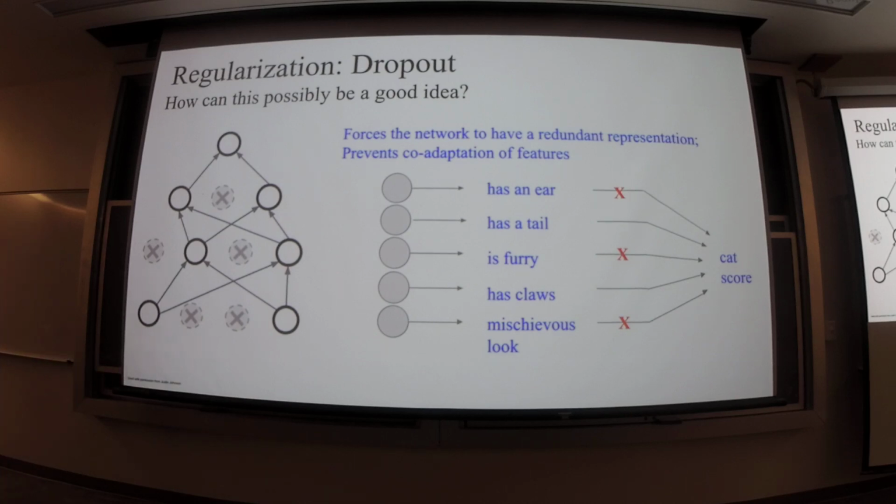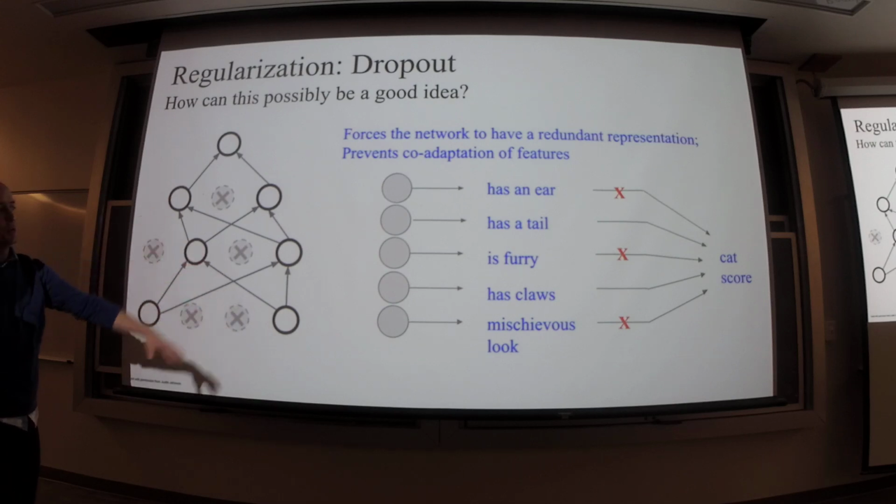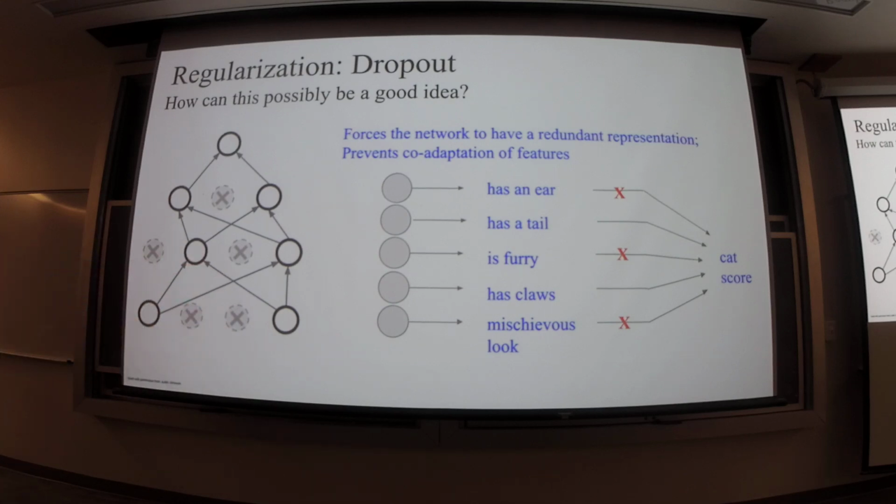So these different subnetworks are being forced to resolve the same number of classes as any other subnetwork. This is kind of silly, because this is not how it works. We don't have a node that has an ear or a tail, but you can kind of think of it as learning features that in some abstract sense are starting to capture what it is to be cat-like.